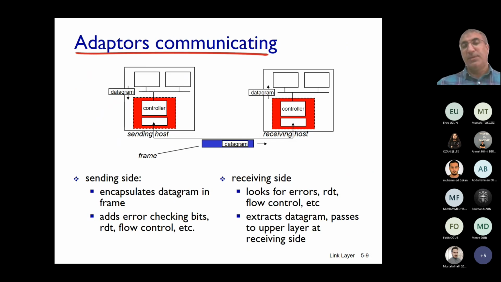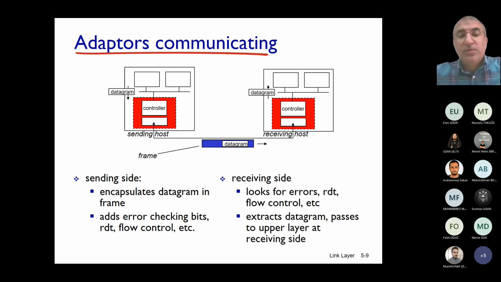How do these adapters communicate with each other at different nodes? Assume that we have a sending host and a receiving host. We receive the datagram from the upper layer, from the network layer, and we encapsulate and obtain the frame.